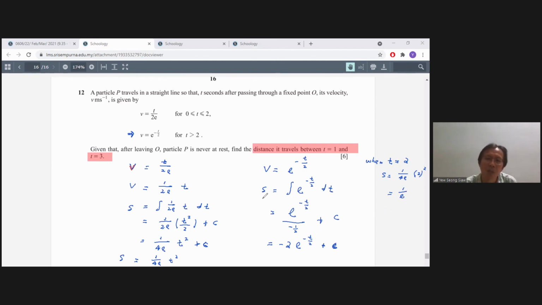So can you substitute back here? When time is 2, substitute back here. The S equals 1 over e. When time is 2, 2 over 2.